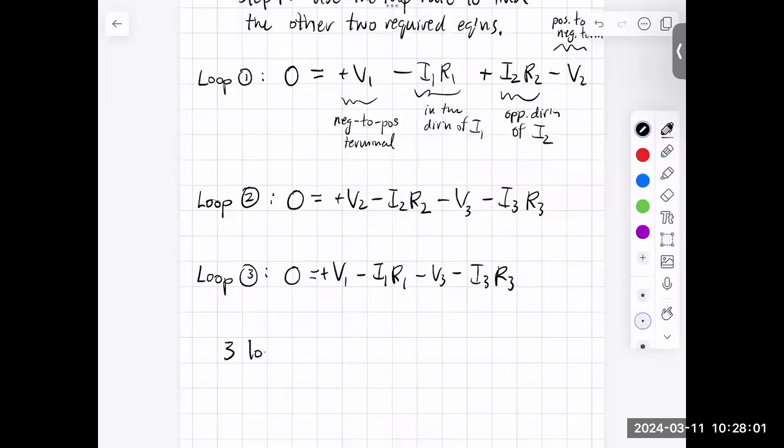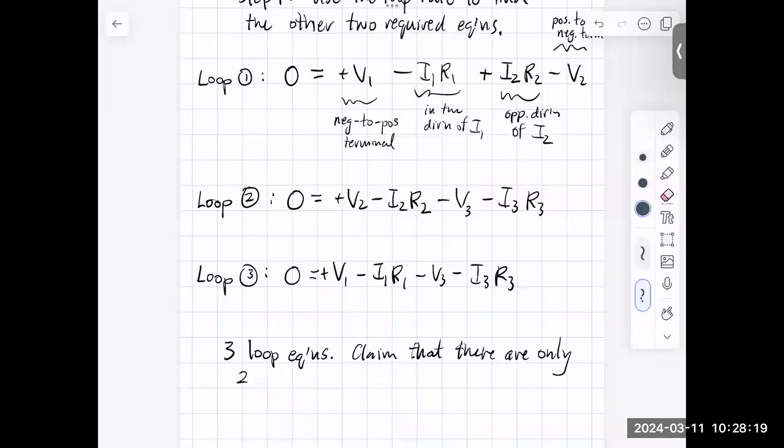What I'm going to claim is that there are only 2 independent equations. So that means we should be able to take 2 of the equations and use them to construct the third.